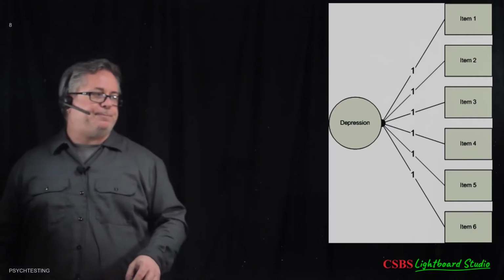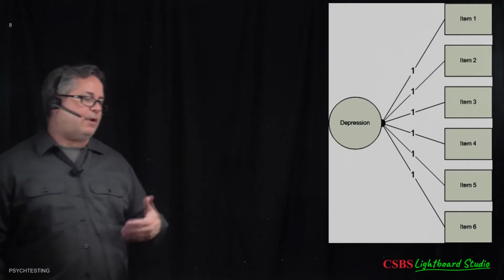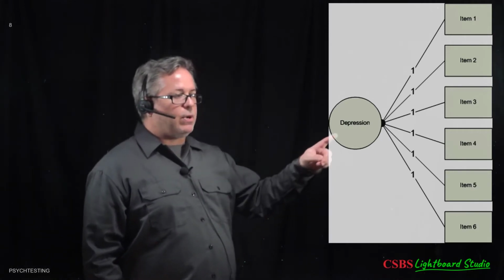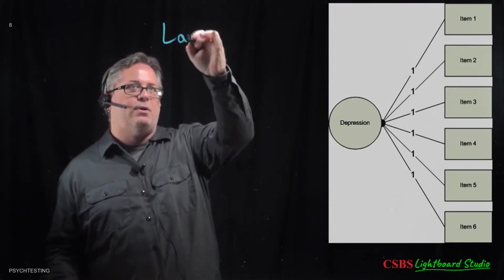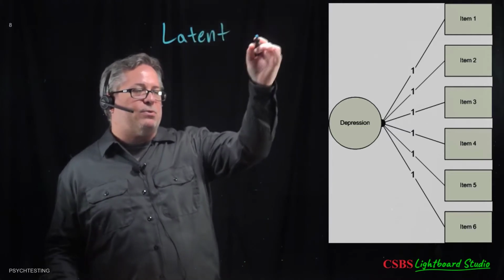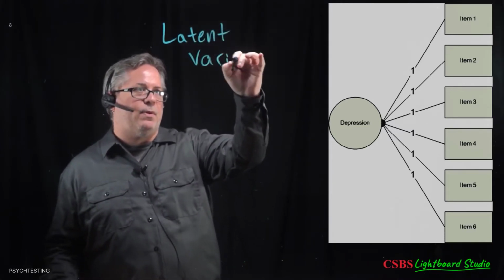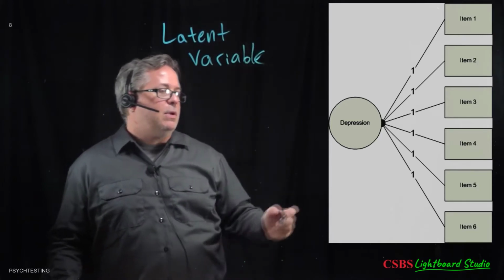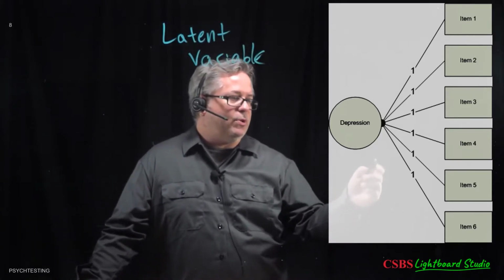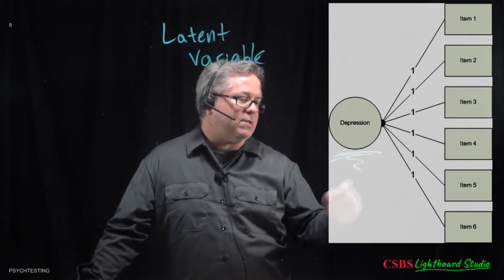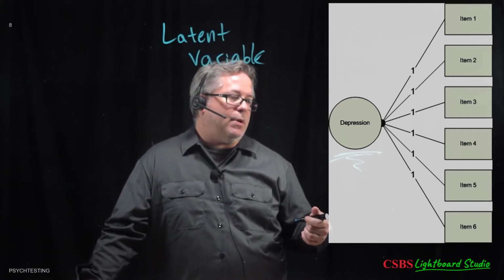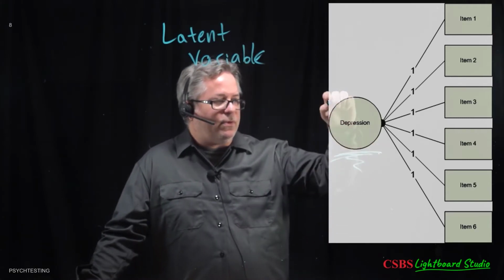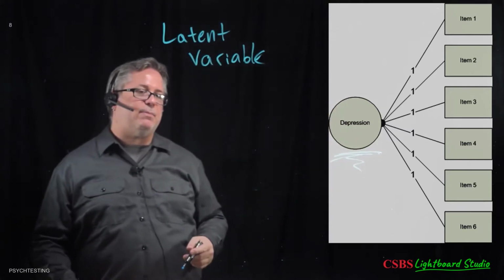So visually, the way we often think about things like depression, we think of them as latent variables. That's a generic term to refer to variables that we cannot measure directly. They're latent. As a convention, we often use circles. So when we see a circle like this in papers, circles are often the latent variables, the things we can't measure.